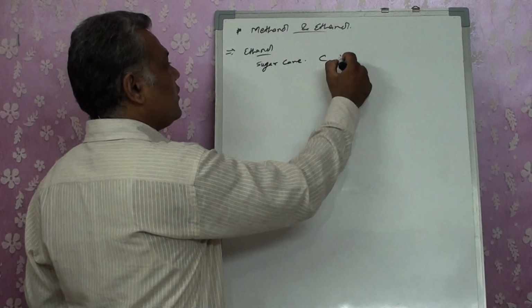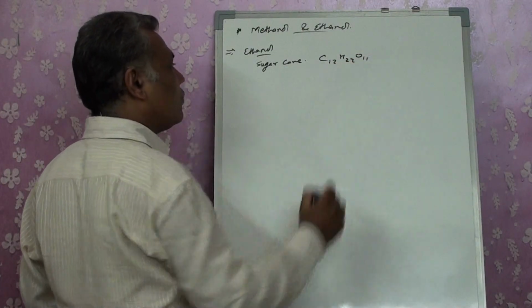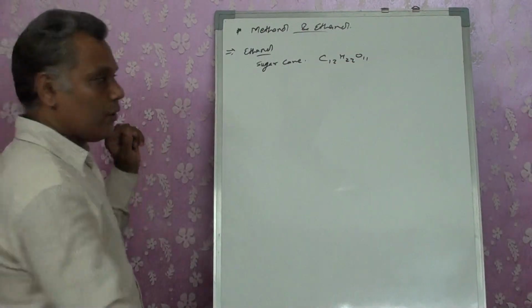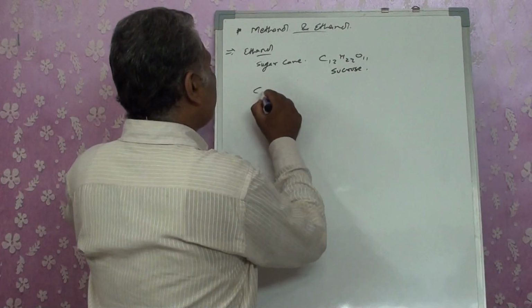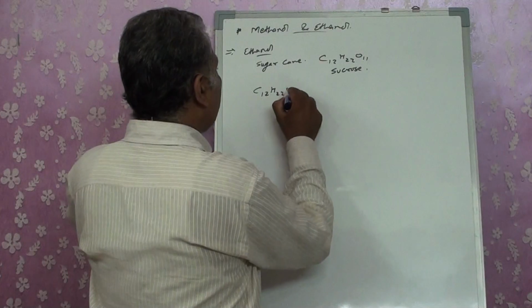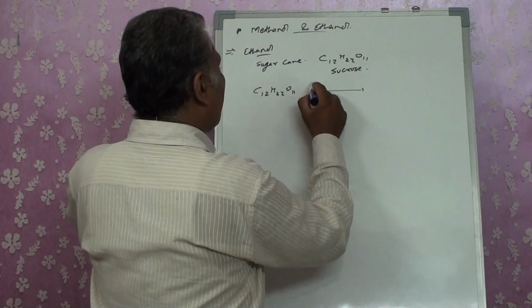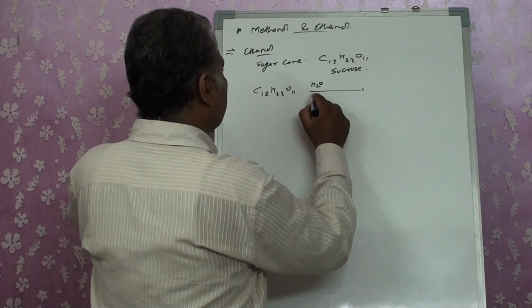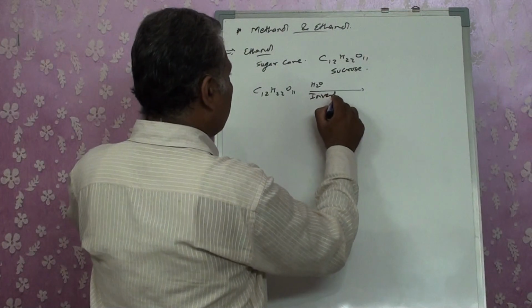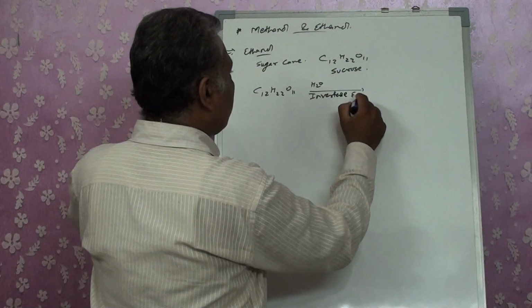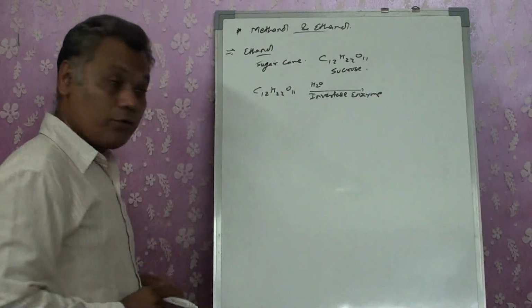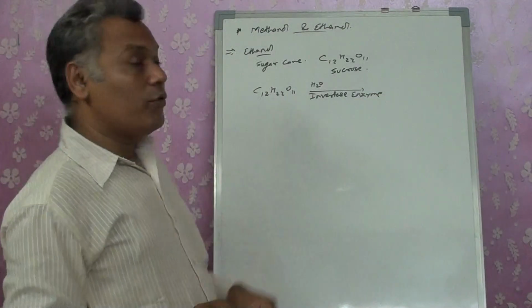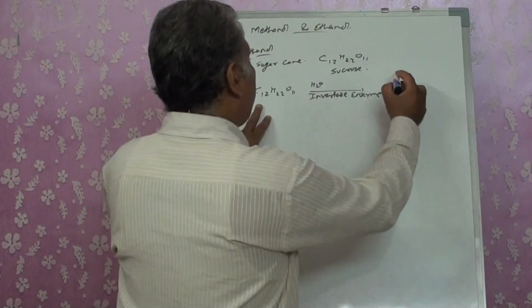Sugarcane contains C12H22O11, that is sucrose. Now this sucrose, by hydrolysis with the invertase enzyme, the fermentation reaction is carried out.